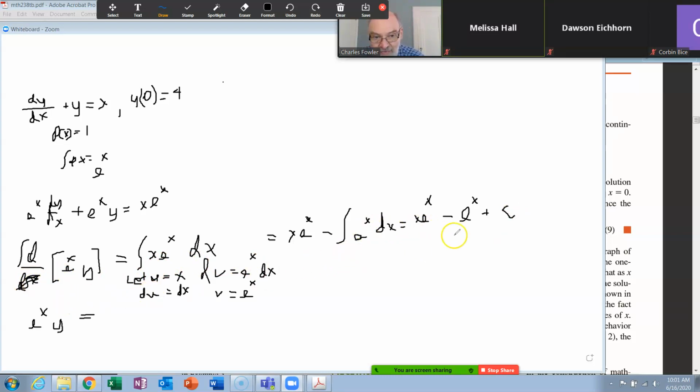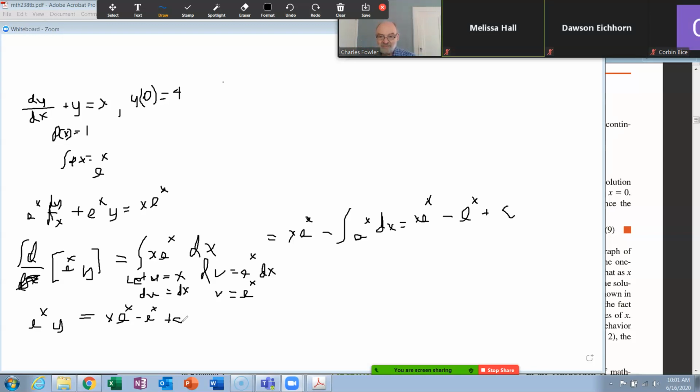The right-hand side we've just worked out to be x e to the x minus e to the x plus c. That's an ugly c, but we'll have to live with it. There is your solution.